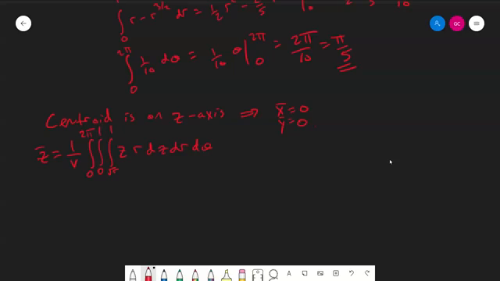So we just go through this whole thing again. The inside integral is 1/2 of z squared times r from z equals root r to z equals 1.